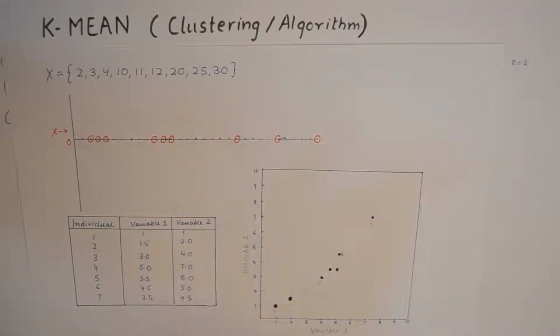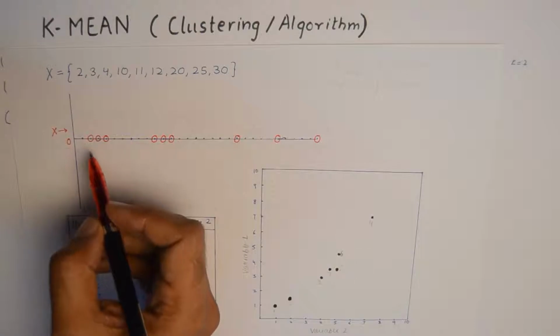Now this is just one parameter or one variable, which is very easy to plot on one axis. Please understand, when we have just one variable to inspect, it is easy to plot. It can be plotted on one axis, and I've done that already.